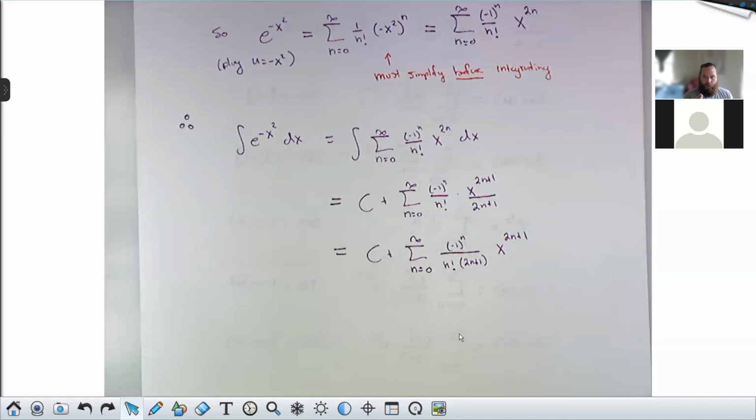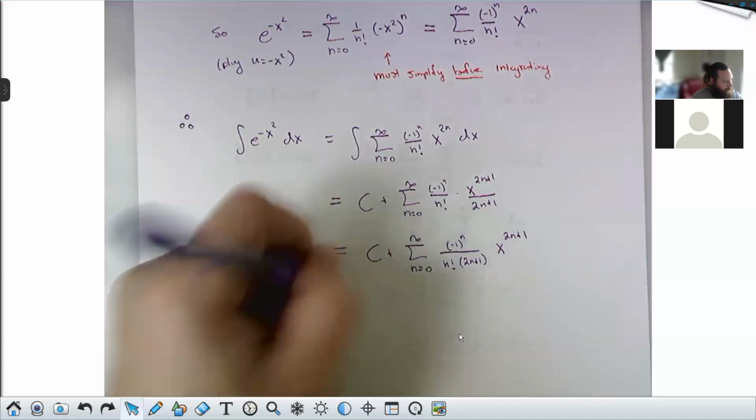And then something you'll be asked to do somewhat often is to give the first like 4 or 5 terms, something like that. So I could ask you for the first 4 non-zero terms of the answer, you just have to start writing out the terms of that power series then.